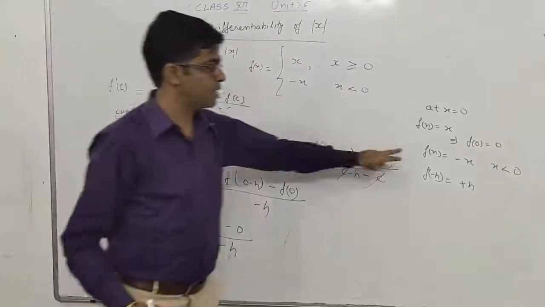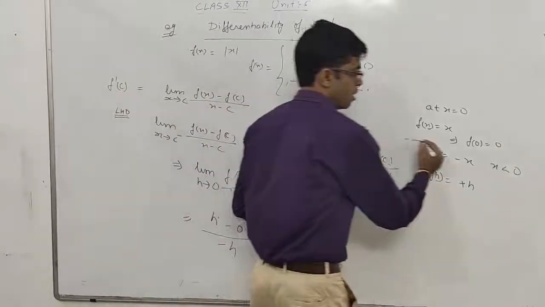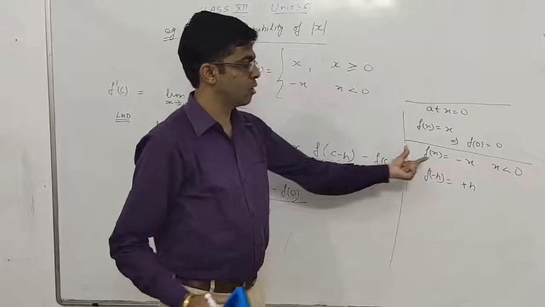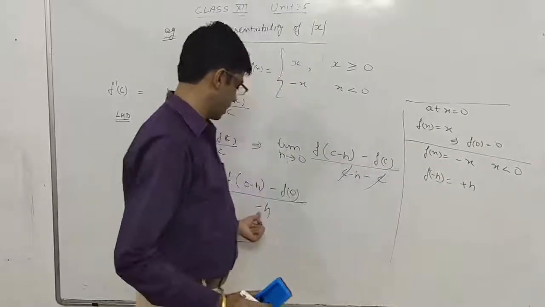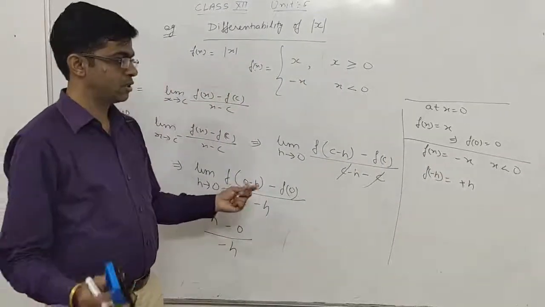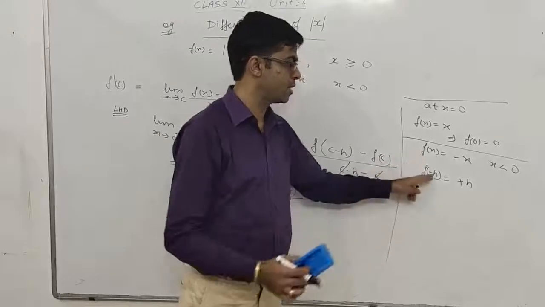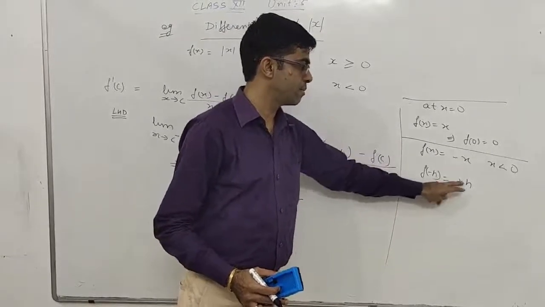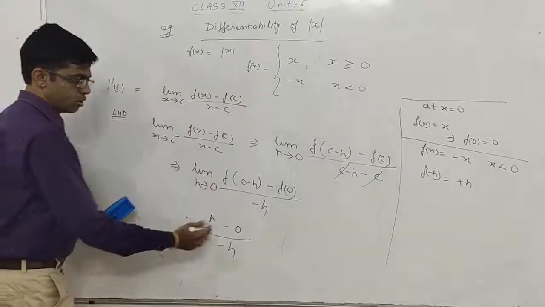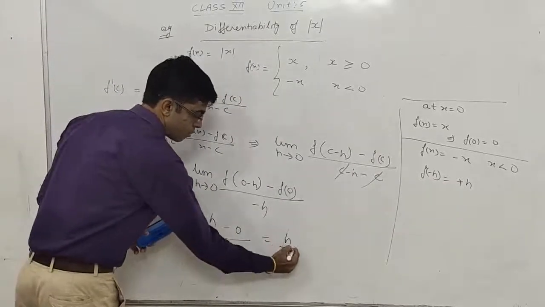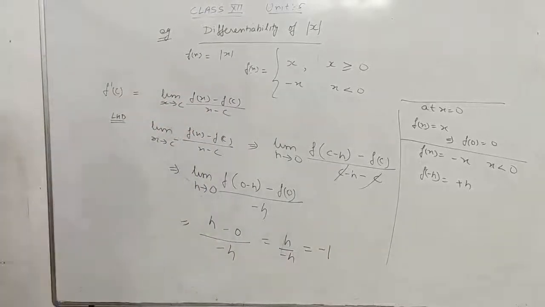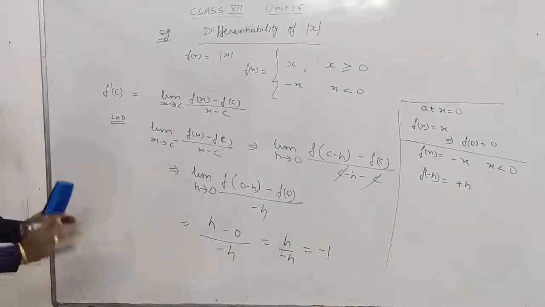So f(x) is equal to minus x for less than 0. So we are checking 0 minus h, slightly less than 0, and we will use this definition: 0 minus h, and minus plus h. So this is h upon minus h, and simply we can write minus 1. So the left hand derivative is coming minus 1.